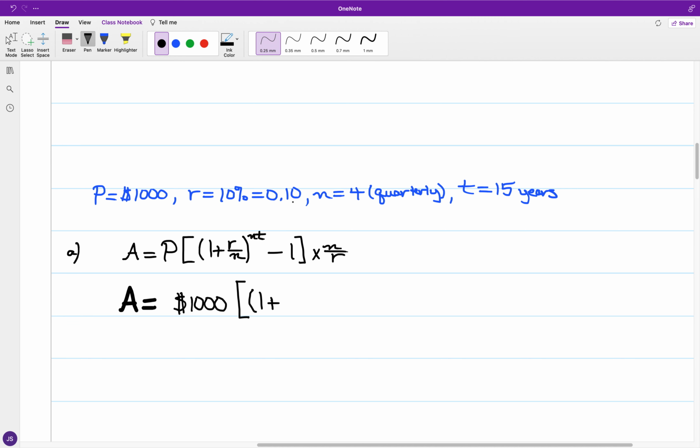For R over N, R is 0.10, and N is on a quarterly basis. For N times T, we have 4 times 15. Then we have times N over R, where N is 4.